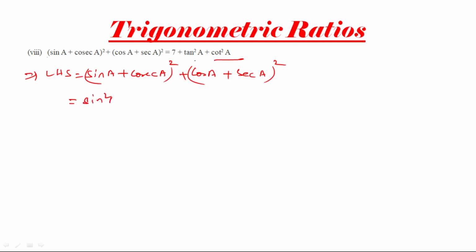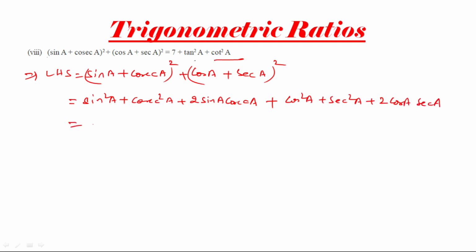So sin square A plus cosecant square A plus 2 sin A cosecant A plus cos square A plus secant square A plus 2 cos A secant A. So this sin square A plus cos square A will become 1, by using the formula sin square A plus cos square A is equal to 1.